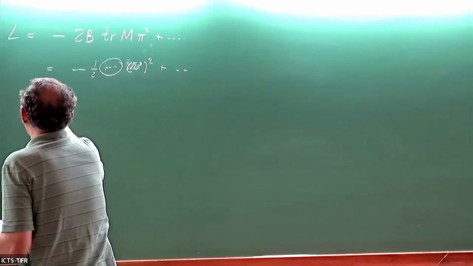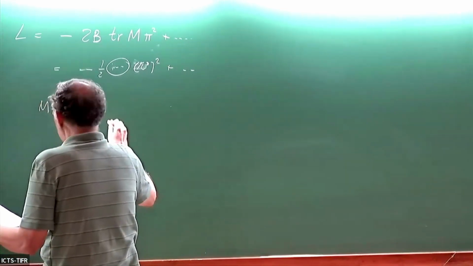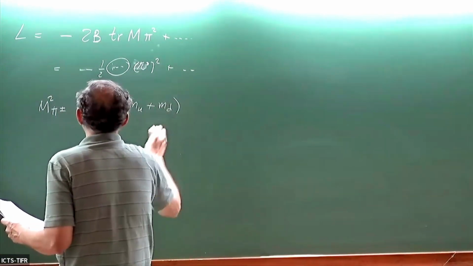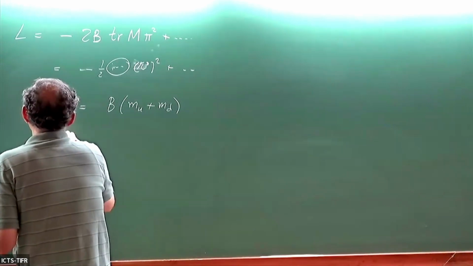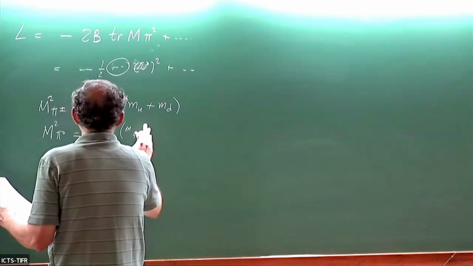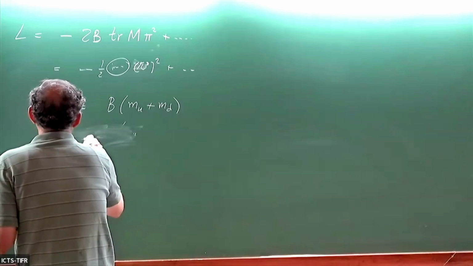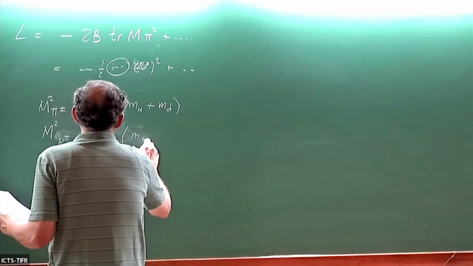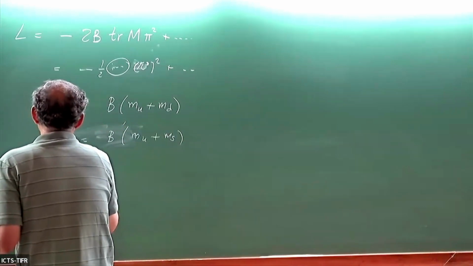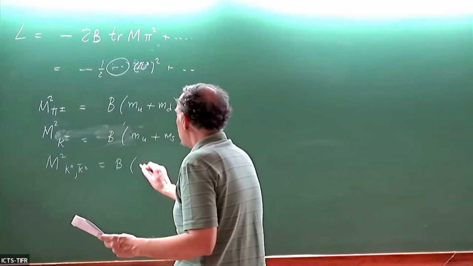And you find that m squared pi plus or pi minus is B times (m_u plus m_d), well, okay, let me not do the pi 0 yet. K plus, K minus is B times (m_u plus m_s), m squared K0 bar is B times (m_d plus m_s).